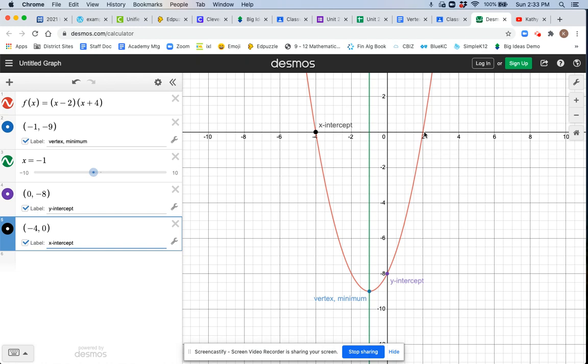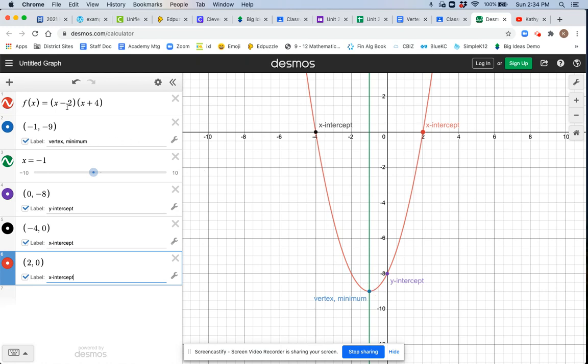And then my other x-intercept is the point here, which is 2, 0. So I'm going to label that one. And so now I have my x-intercepts, my y-intercept, my vertex labeled. My vertex is a minimum, and I have my axis of symmetry.